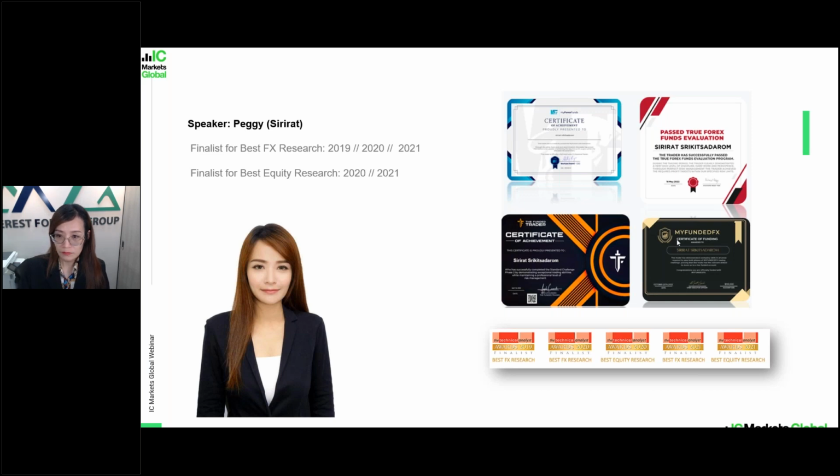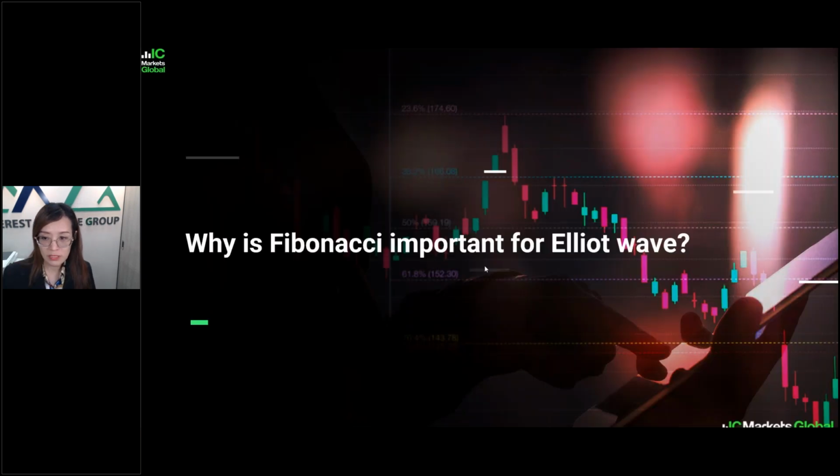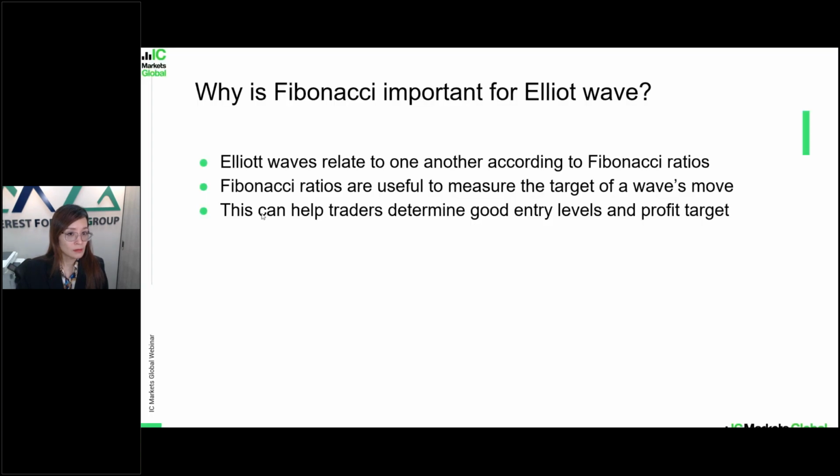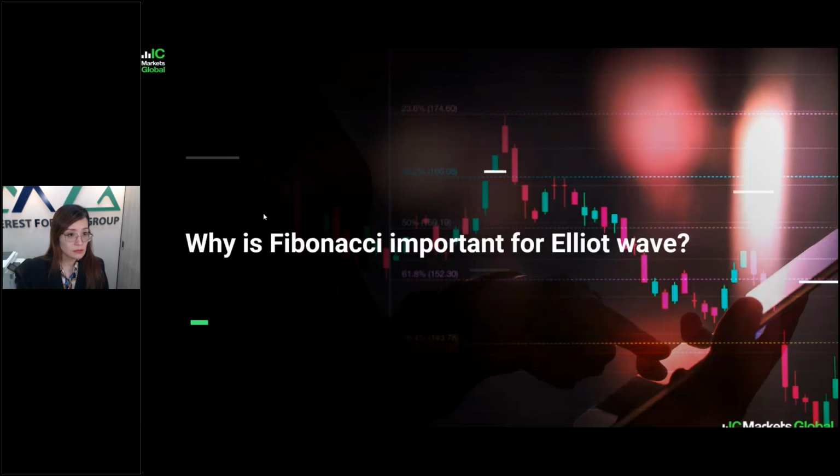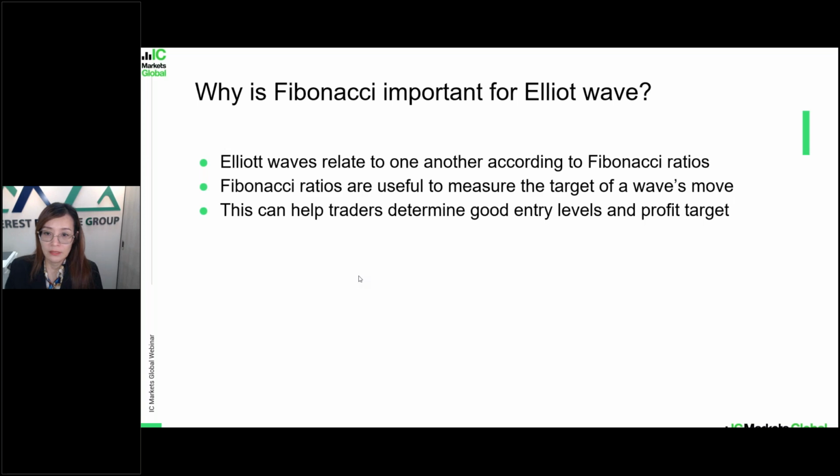Why is Fibonacci important for Elliott wave? Basically, Elliott waves are related to one another according to Fibonacci ratios. Fibonacci ratios are useful to measure the target of the wave move.